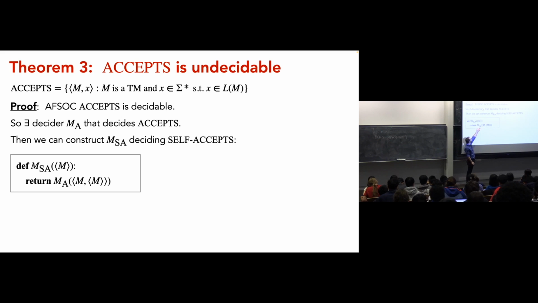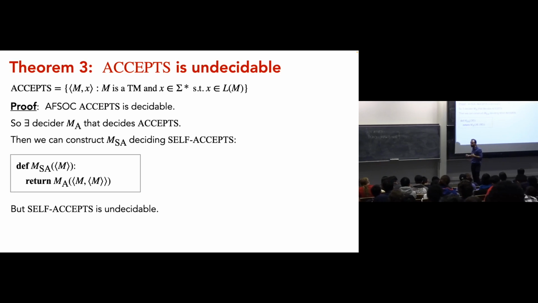This wonderful machine will tell me whether M on input the description of M accepts or not, which is precisely what I want to know when I want to solve self-accepts. I hope everyone is happy with the general structure of this proof.